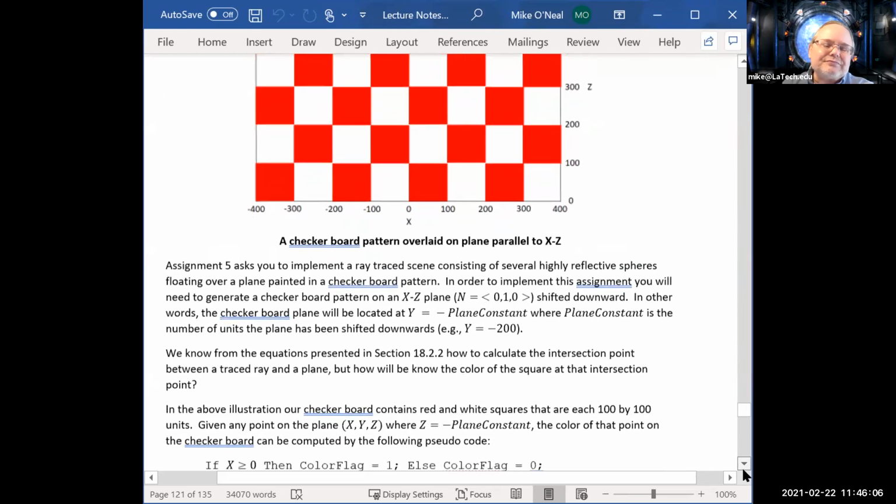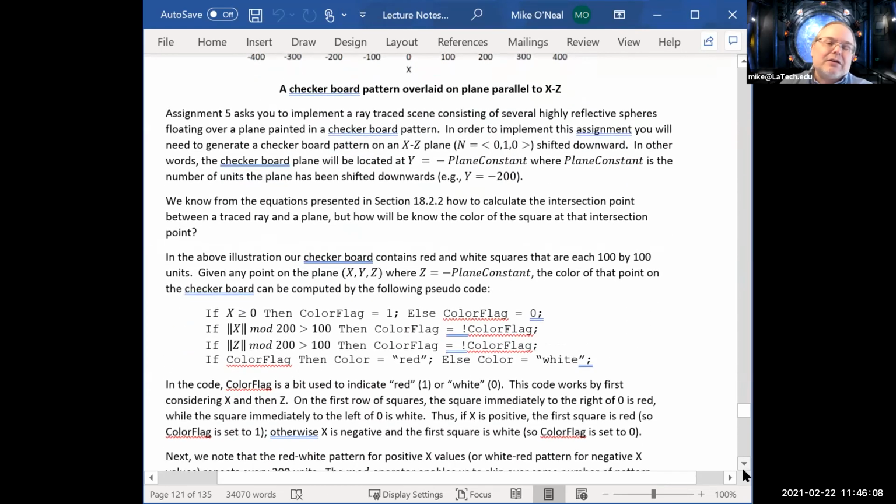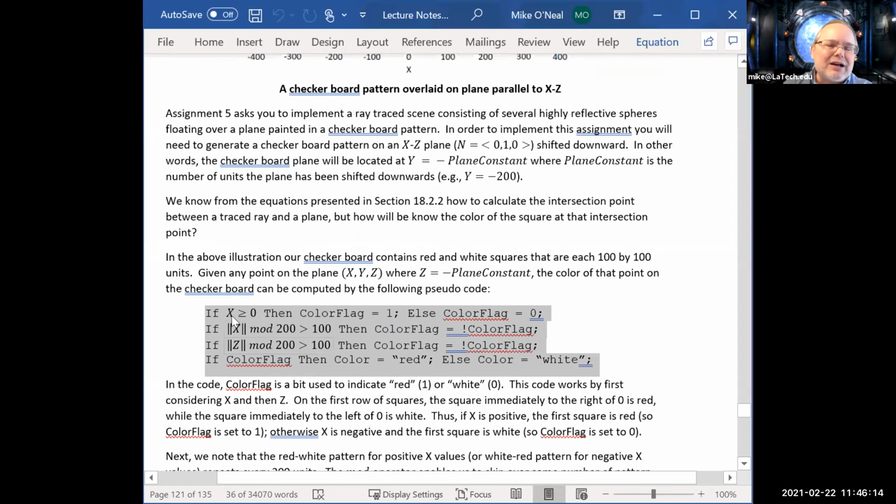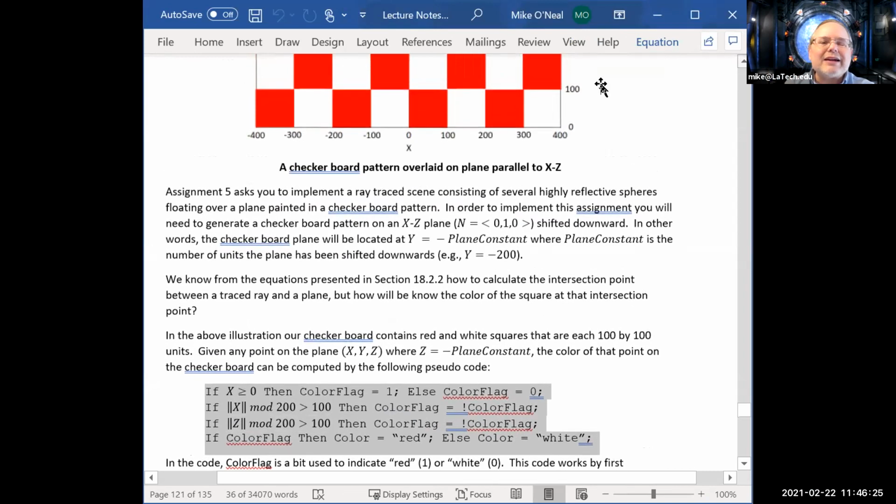Okay. And that's really all you need, because here's the pseudocode for generating the checkerboard. If X is positive, then color flag equals 1. Color flag 1 means red, color flag 0 means white. So if my X is positive, I'm going to go over in this direction here, so I'm starting with a red square.